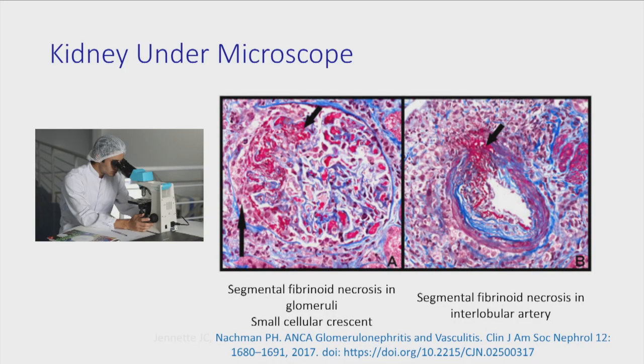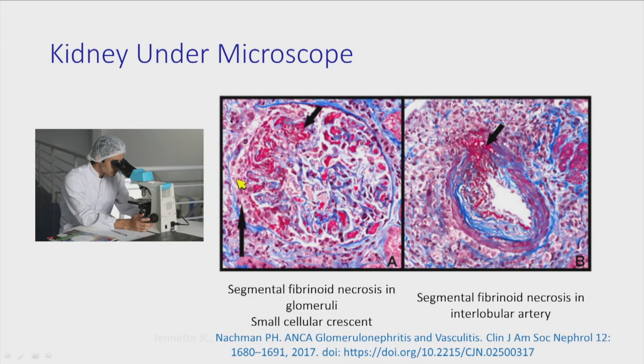Or scarring. So this is another example of what we see when we look at the kidney biopsy under the microscope. We see, and this is medical terminology, segmental fibrinoid necrosis in the glomeruli. Basically, this is a glomerulus, and it has some areas where they are developing scarring, that's what it means, and the crescent means increased cellularity.